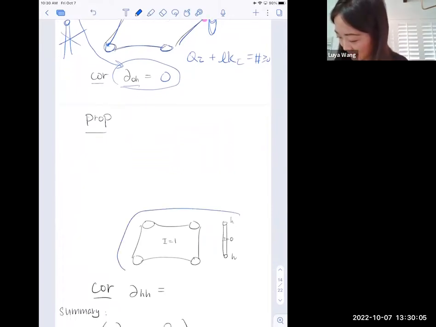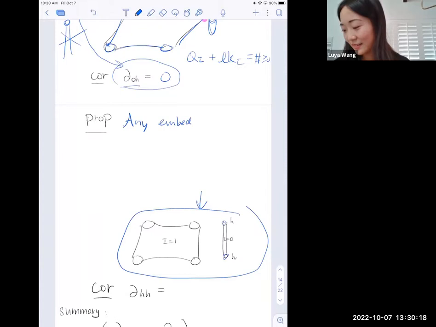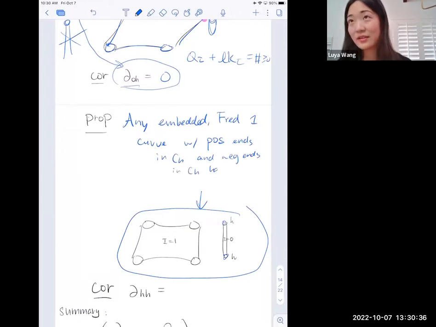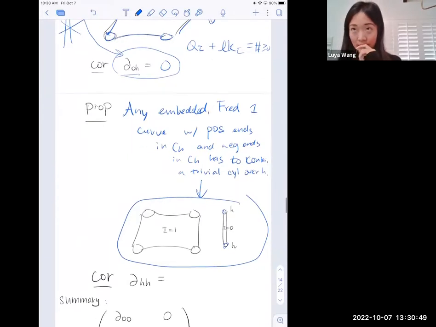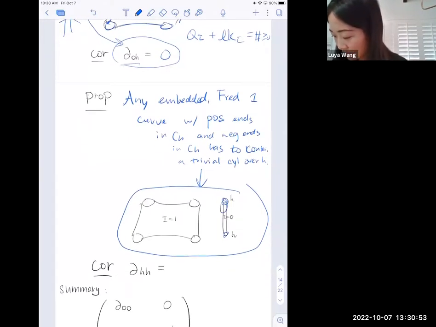And regarding orbit sets that have both positive end and negative end landing on the hyperbolic orbit, the proposition, you already see it here, is that any embedded Fredholm index 1 curve with positive ends in CH and negative ends in CH has to contain a trivial cylinder over H. Okay, and again, this uses a similar argument using the two families of planes bounding H. And this will tell us that you can write your differential that goes from CH to CH as such.